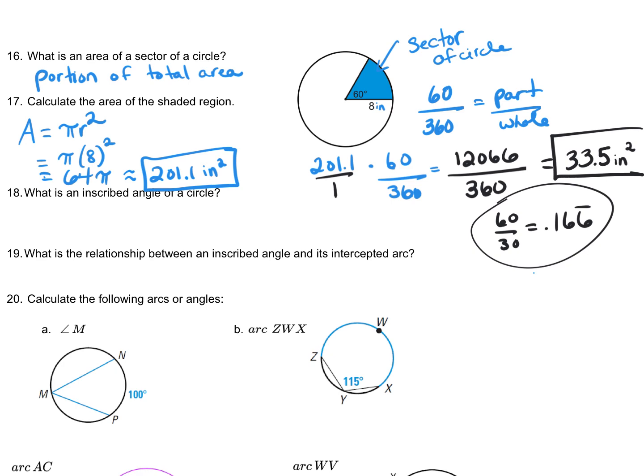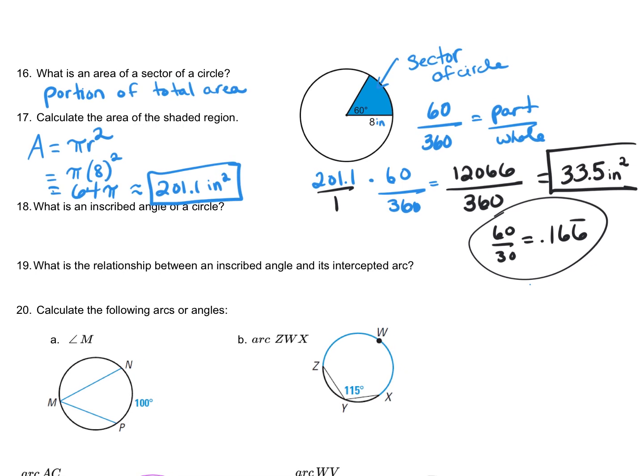And just to show you that the math works, if I do 33.5 and divide that by 201.1, the area of the sector over the total area, this equals 0.166 repeating.